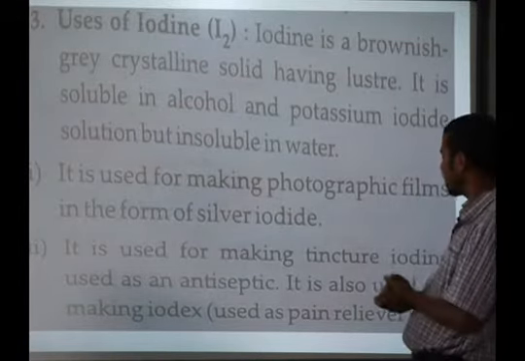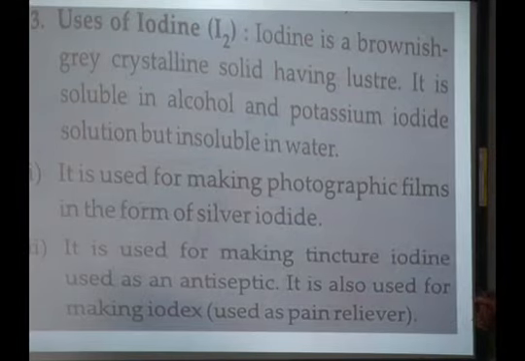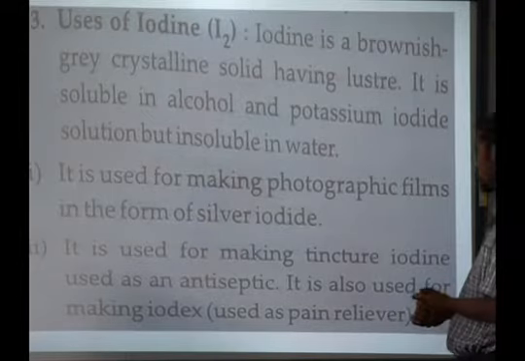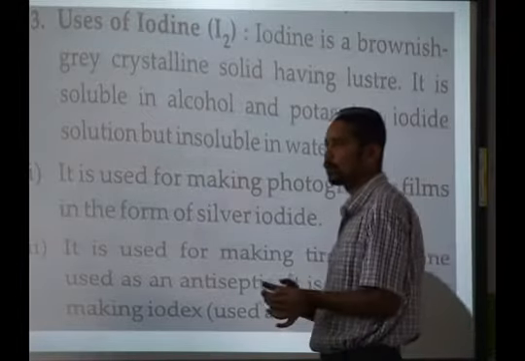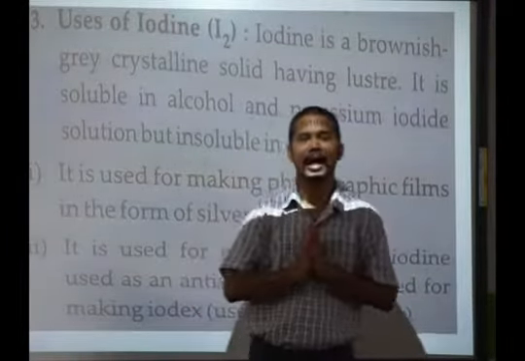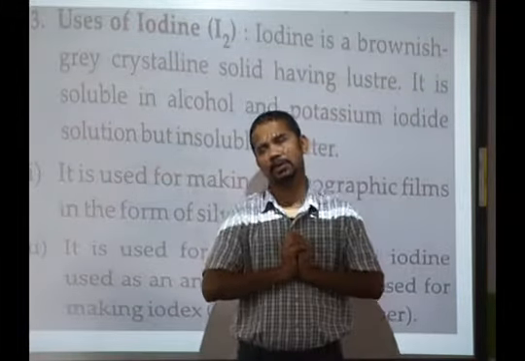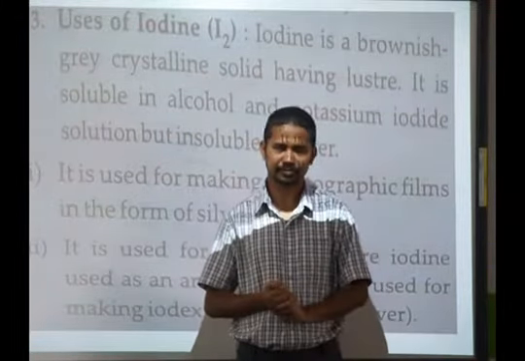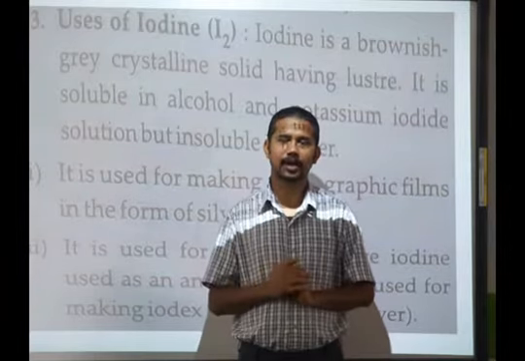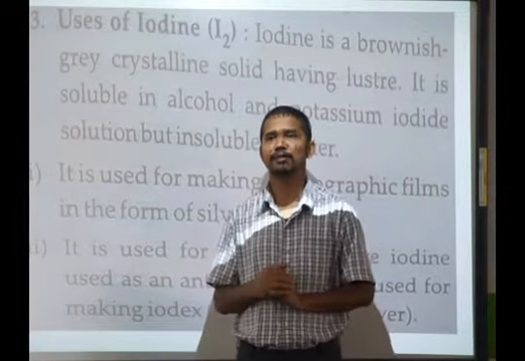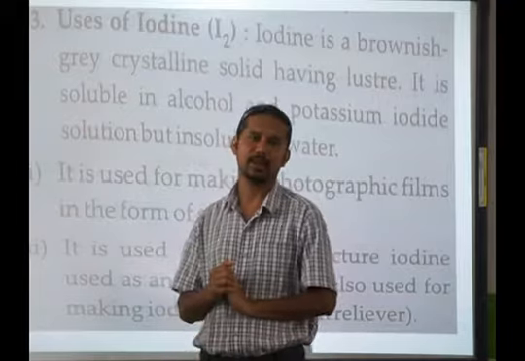It is used for making tincture. Iodine is used as an antiseptic. It is also used for making iodex, used as a pain reliever. So iodine has a tremendous use in the field of medicine. Tincture iodine is a mixture of alcohol and iodine.